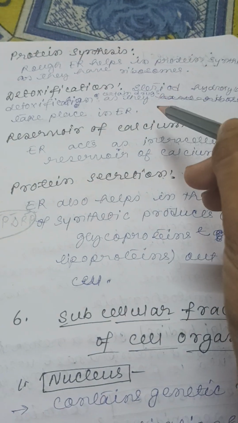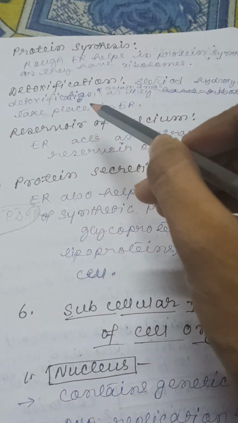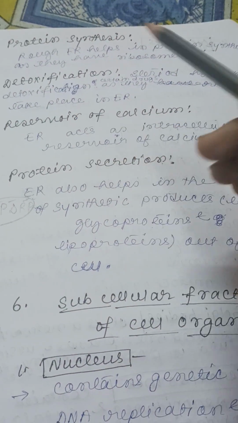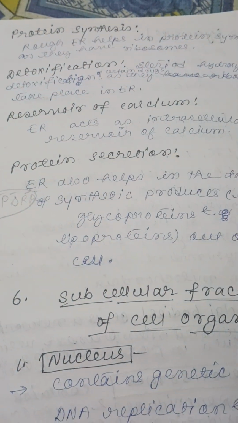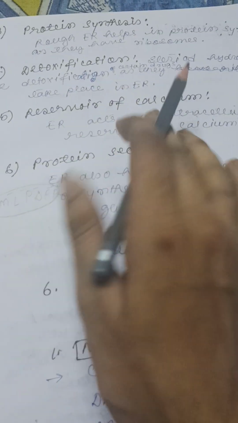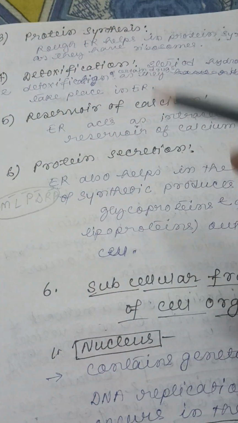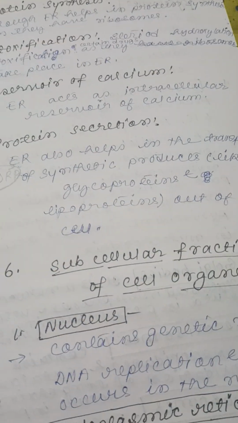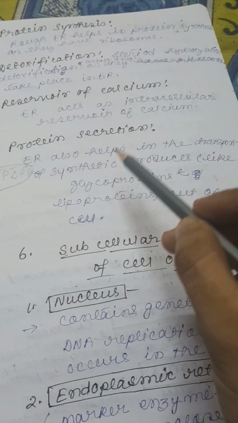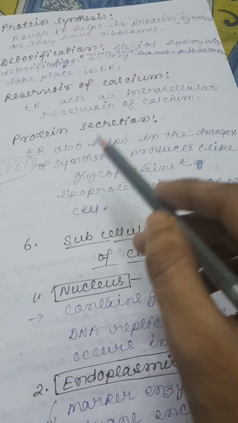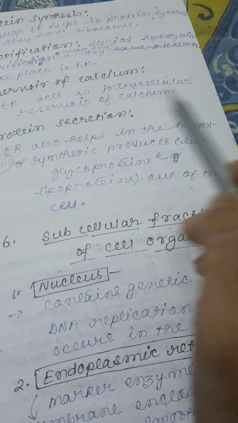In detoxification, steroid hydroxylation and detoxification of certain drugs take place in the endoplasmic reticulum. As a reservoir of calcium, the endoplasmic reticulum acts as an intracellular reservoir of calcium. In protein secretion, the endoplasmic reticulum also helps in transport of synthesized products like glycoproteins and lipoproteins out of the cell.